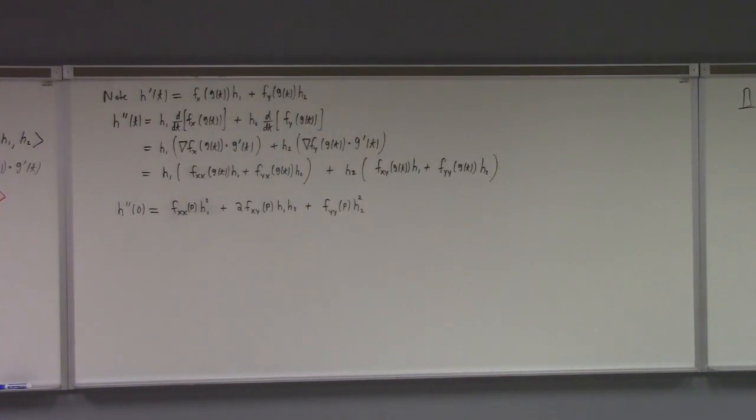All right, so let's put it all together here. Actually, you have to go back and imagine taking my expressions for h of 0. What is h of 0, by the way? That's just f of g of 0, also known as f of a, b, which I'm abbreviating as f of p, right?